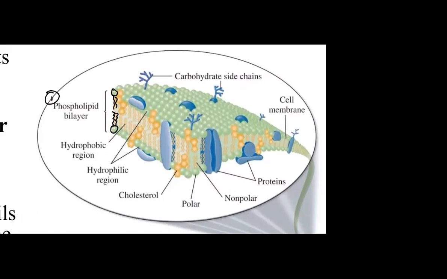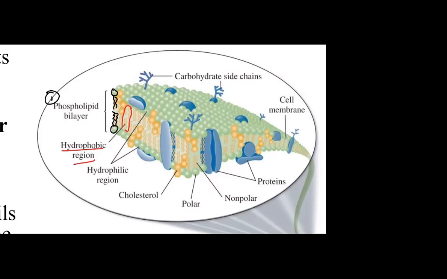That's why the areas where we see the tails specifically, as you can see how it's been pointed here, this area is known as the hydrophobic region. But it makes sense. They are non-polar. They're going to be afraid of water. So that's why they're called the hydrophobic region.